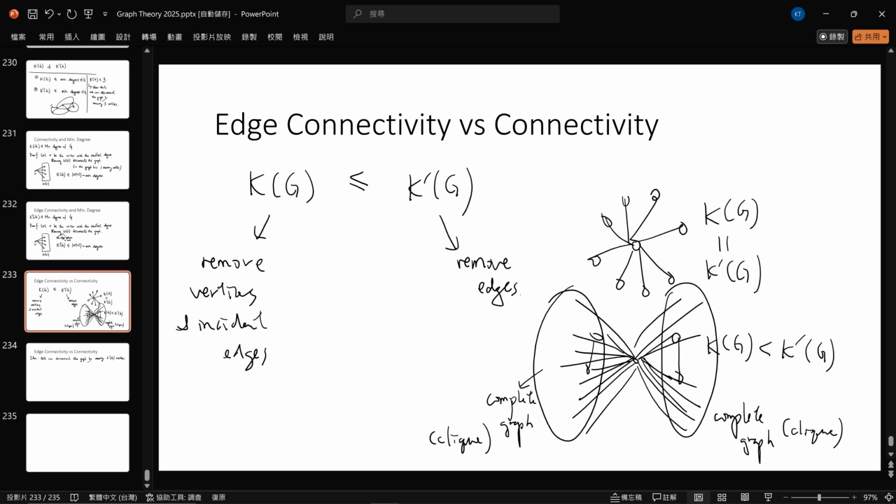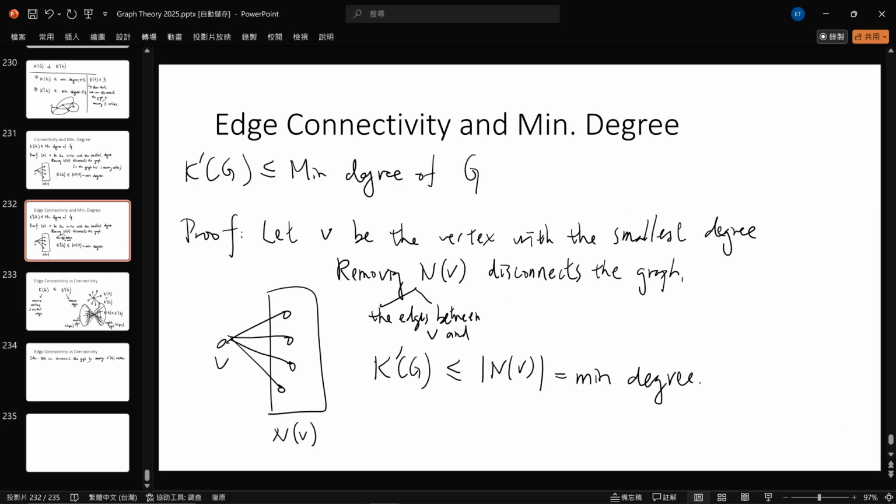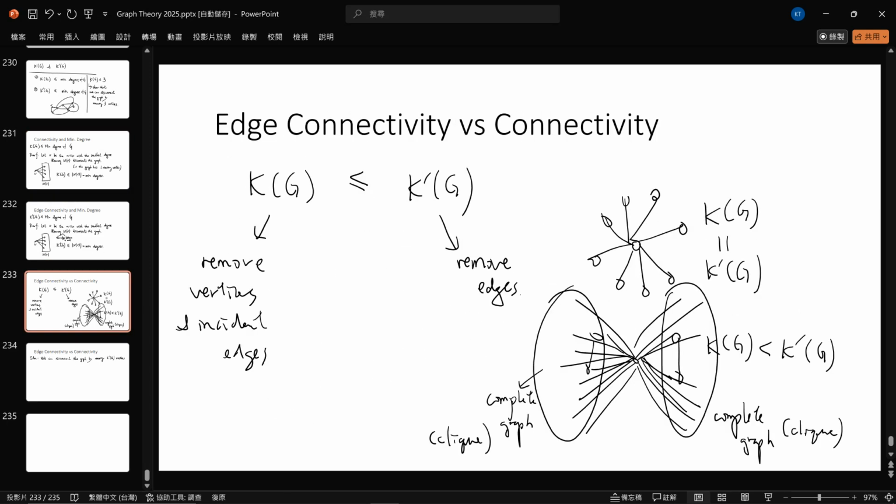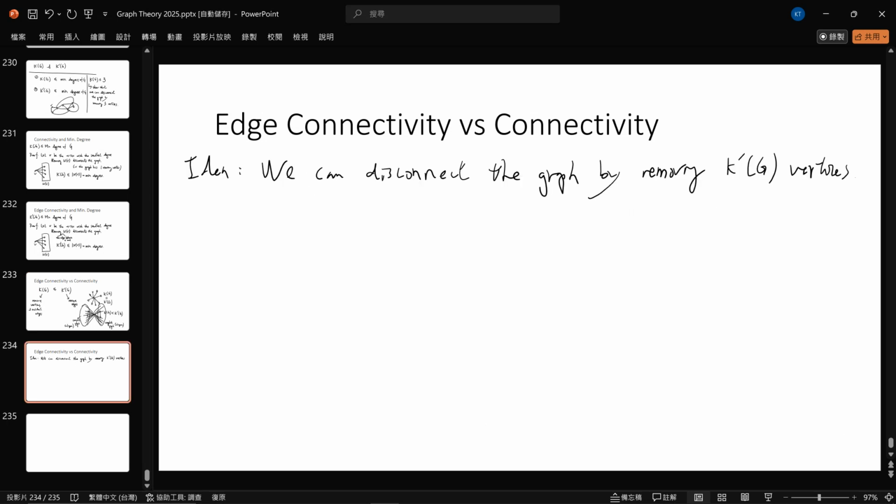In other words, today we almost only consider upper bounds for connectivity. One upper bound is the minimum degree, and the upper bound we have here is the edge connectivity. So how do we find these kappa prime G vertices?